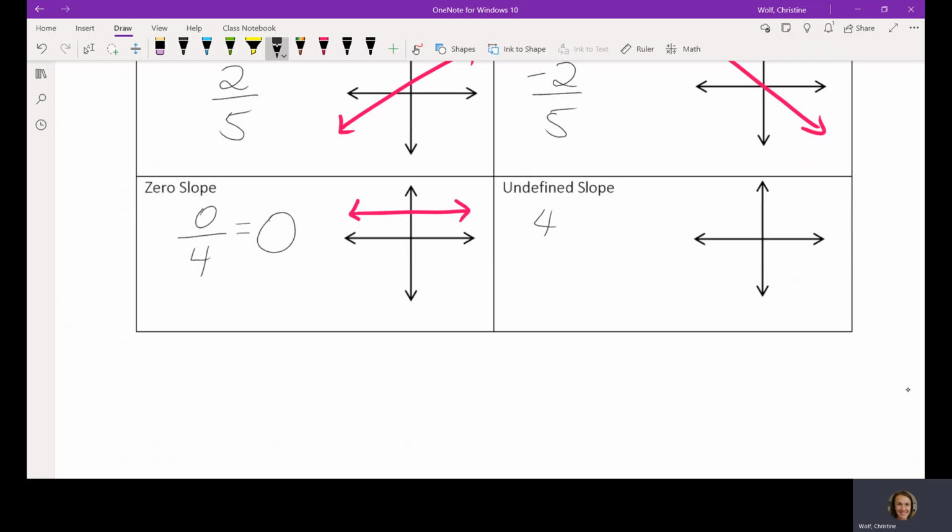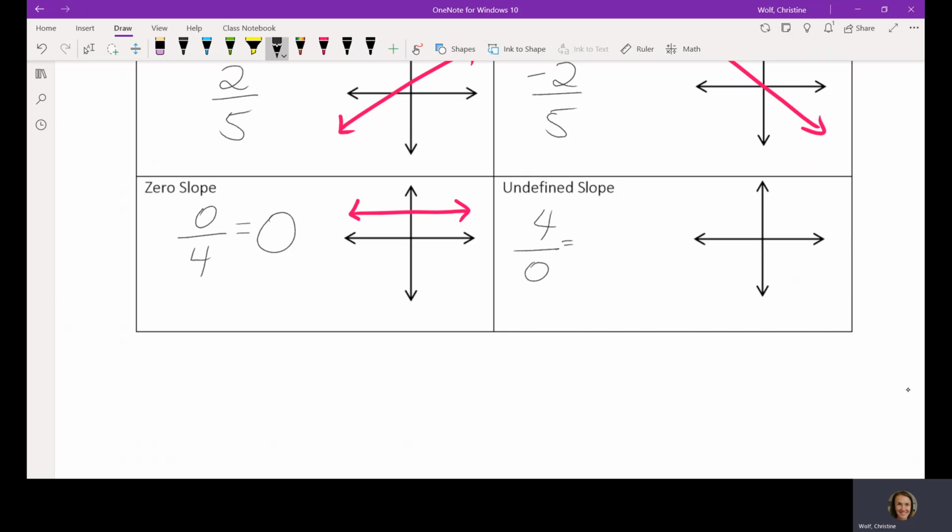Now, undefined slope is the opposite when the 0 is on the bottom, when there's no run. If you tried to punch 4 divided by 0 into your calculator, what would happen? Error. You cannot divide by 0. Impossible. Okay?